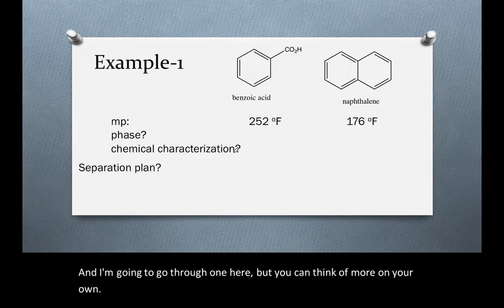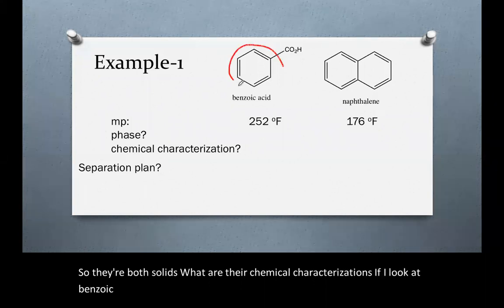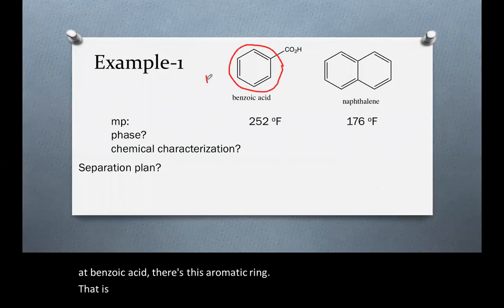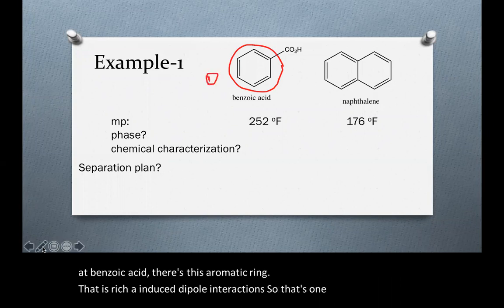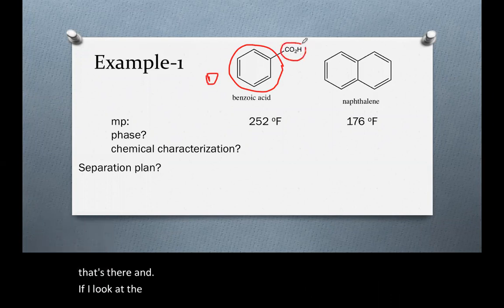So we know they're both solids. What are their chemical characterizations? Well, if I look at benzoic acid, there's this aromatic ring that is rich in induced dipole interactions. So that's one type of interaction that's there. And if I look at the carboxylic acid here, this is a highly acidic group.